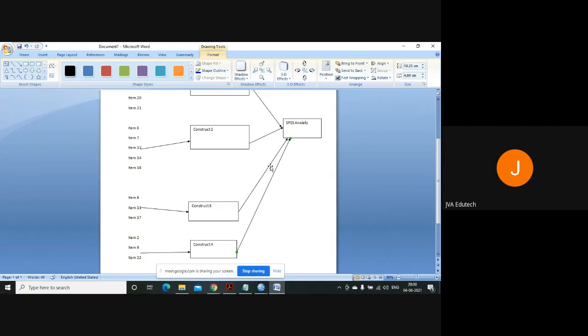However, if you are choosing an oblique rotation like direct oblimin, then it is preferable to go with the regression method. So based on the kind of rotation you are choosing, you should go for one of these methods.